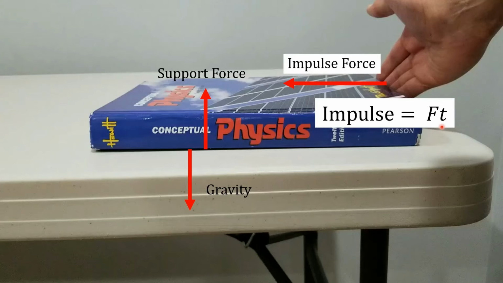I should point out, though, that this is the time in which the momentum is actually changing, too. If I start pushing and then the book starts to travel at a constant velocity, meaning no change in velocity, I would no longer consider that impulse force or time of impulse. So this impulse would only be while I'm changing the speed of the book.